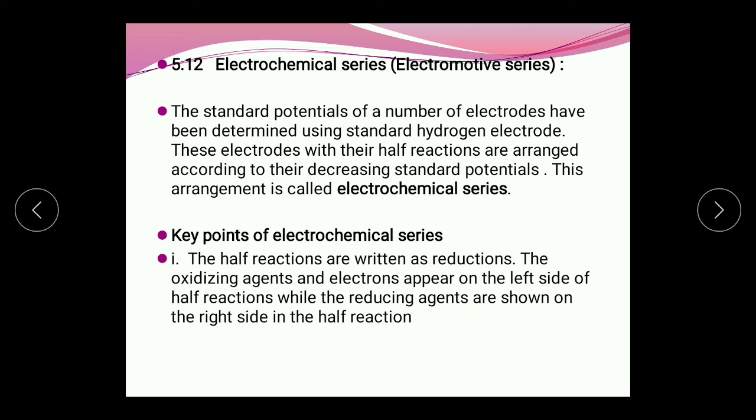Hence, if you observe the series, the oxidizing agents and electrons appear on the left side of the half reactions, and the reducing agents are shown on the right-hand side of the half reaction. Understood? So this is the pattern.